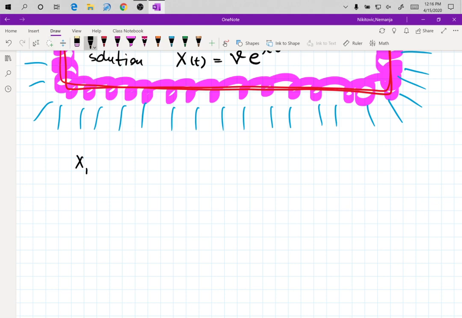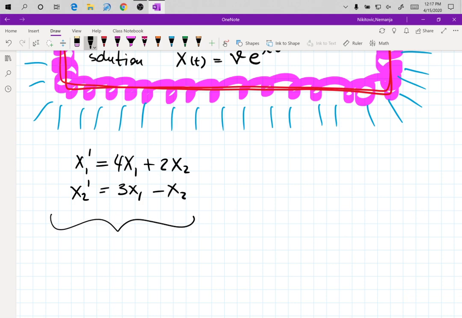x1 prime to be 4x1 plus 2x2, and x2 prime is 3x1 minus x2. So we have a standard coupled system that has two unknown functions, x1 and x2. We are expecting those two as the solutions, obviously, and it's all standard stuff.